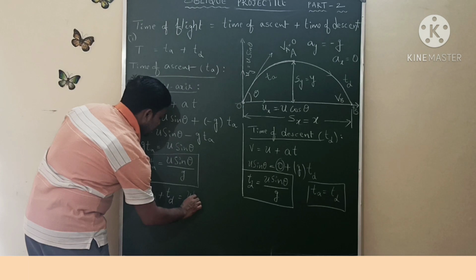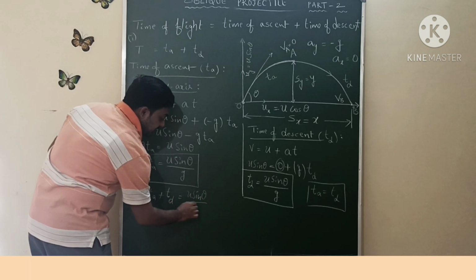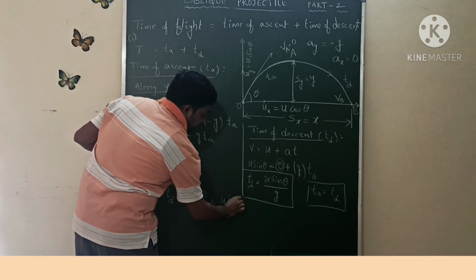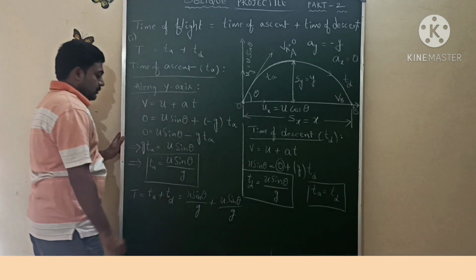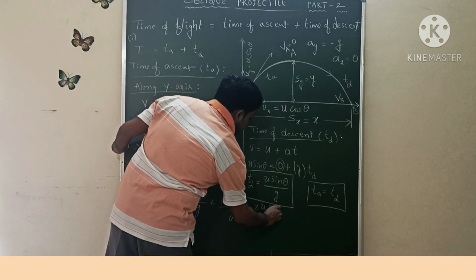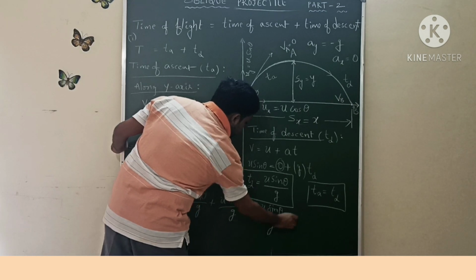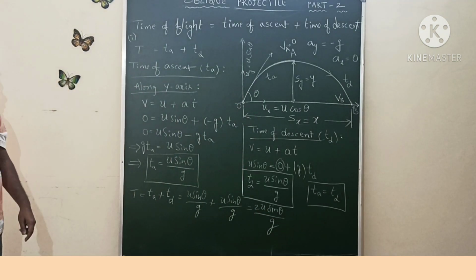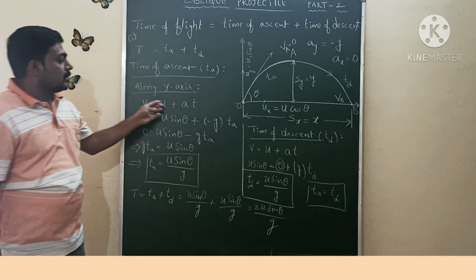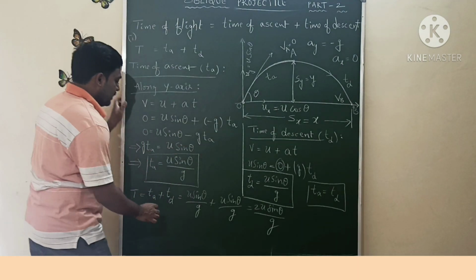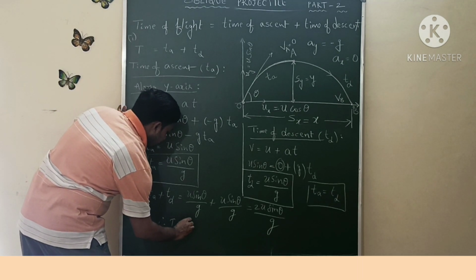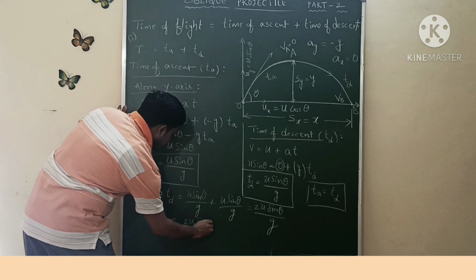Time of ascent u sin theta by g plus time of descent u sin theta by g, same equation. So the total time of flight equation is 2u sin theta by g. This is one of the ways. T is equal to 2u sin theta by g.